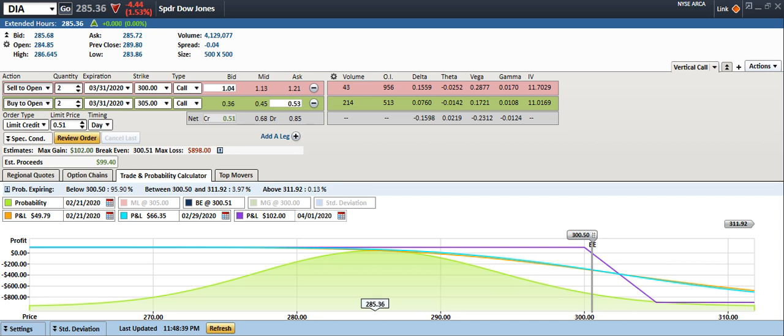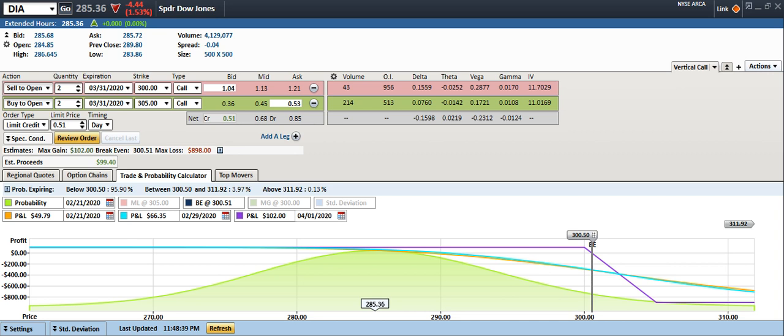So this one, if you can see there, this would be doing the bear call spread. You'd be selling 2 of the $300 calls and buying 2 of the March 31st 305 calls for a net credit of 51 cents.